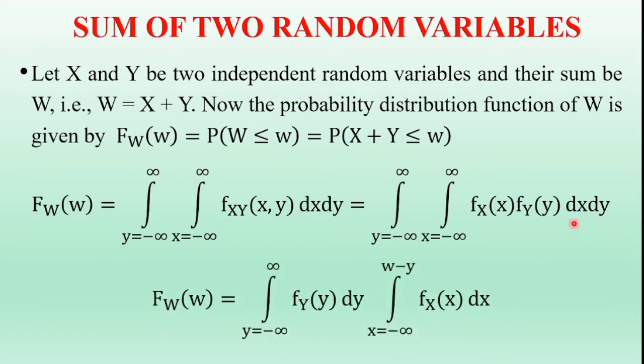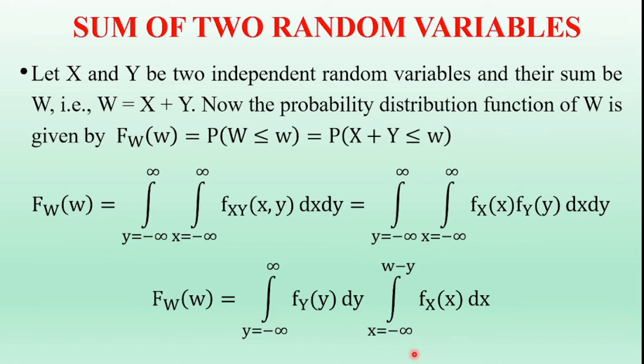Separately arranging the x terms and y terms on the right-hand side of this equation, we have the integral over y from minus infinity to infinity of f_Y(y) dy, and the integral over x from minus infinity to, but x plus y is equal to w. From this equation, x is equal to w minus y.